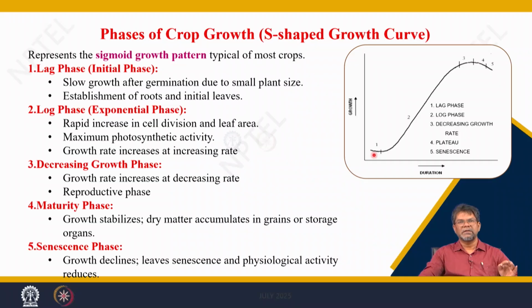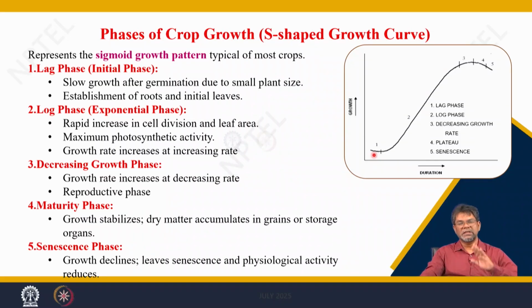But after that is exhausted, the crop needs the nutrient supply that comes from the soil after root elongation. That is the establishment phase, where you will not find much growth, it is just constant, we can say no growth. The crop tries to understand its ecosystem.